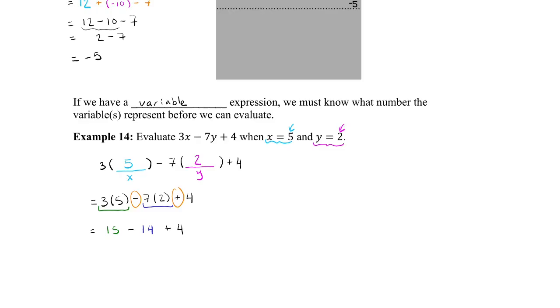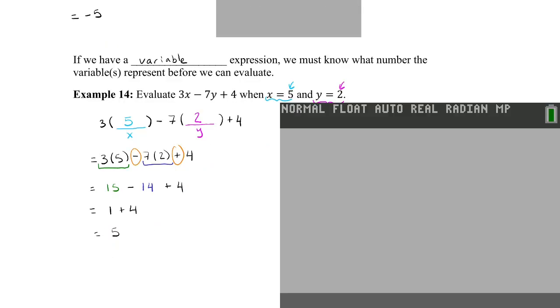And then there's nothing to do for the plus 4. And then finally, we'll go through from left to right. 15 minus 14 is 1. 1 plus 4 is 5. Of course, once we've got our variables plugged in, we can go directly to the calculator and say we have 3 times 5 minus 7 times 2 plus 4. And that will give us the same result of 5.